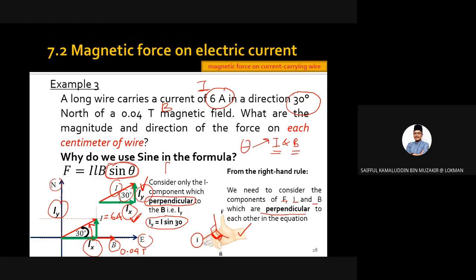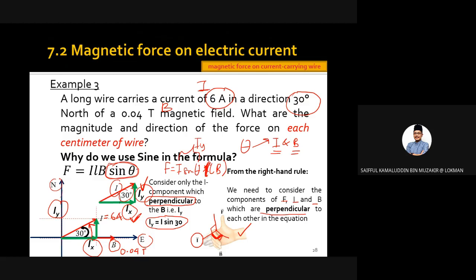Our formula has become F equals, it's actually like this, I sine theta times LB. Ini formula sebenarnya. Sin theta ni belongs to I. Which I? IY. I sin theta is our IY, times LB.